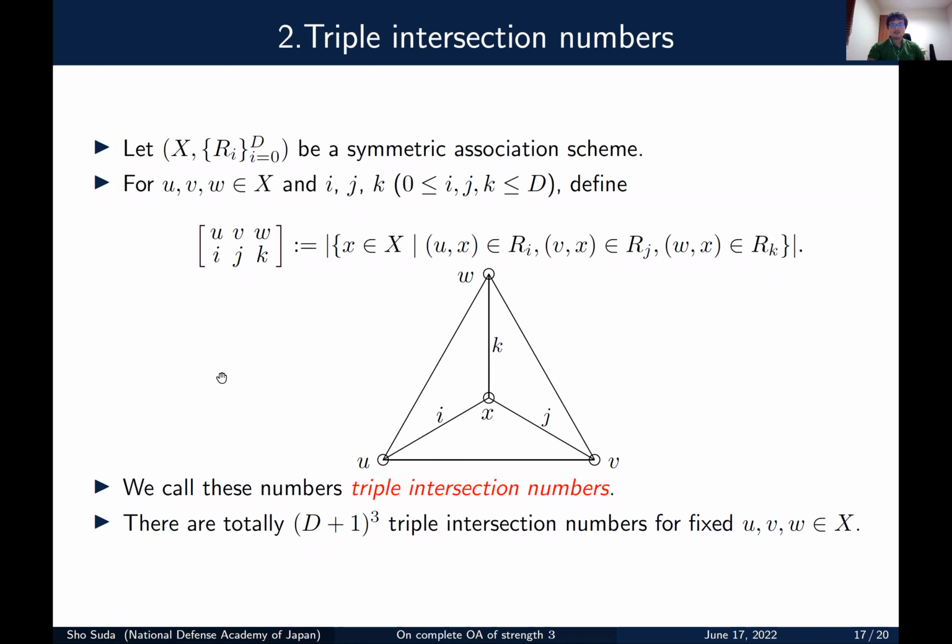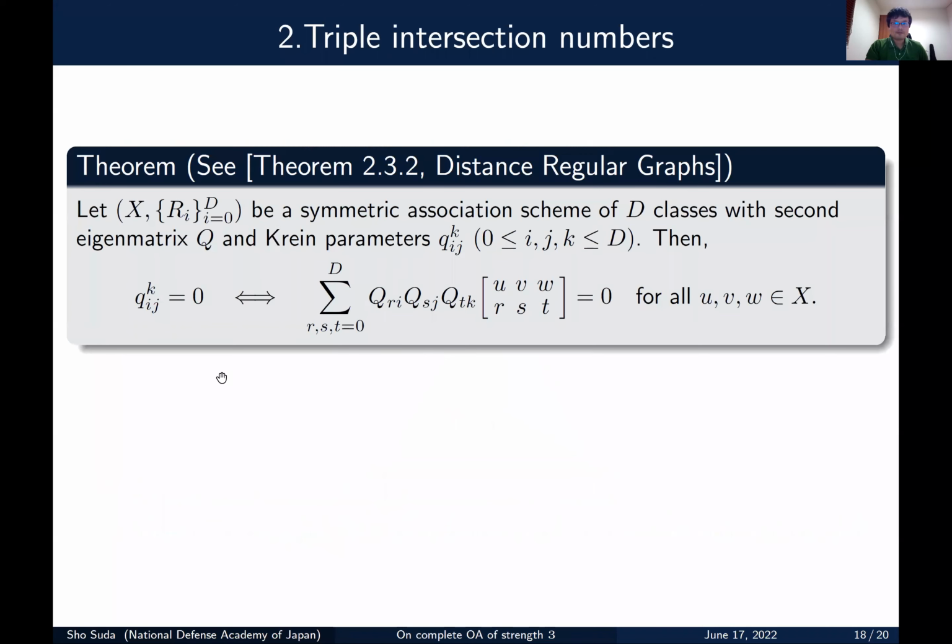So in general, there are many triple intersection numbers in association schemes. About them, we have a nice result related to the Krein parameters. If a Krein parameter vanishes, then we have this kind of linear equation of triple intersection numbers, where small q_ijk is the Krein parameter and capital Q is the entry of the second eigenmatrix.